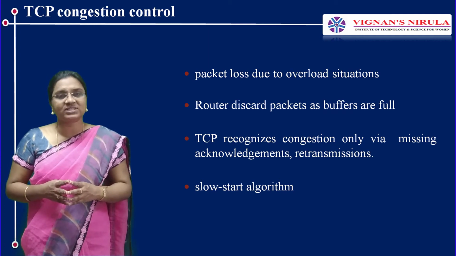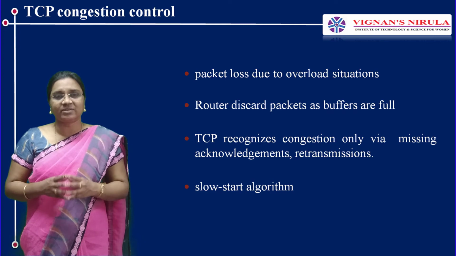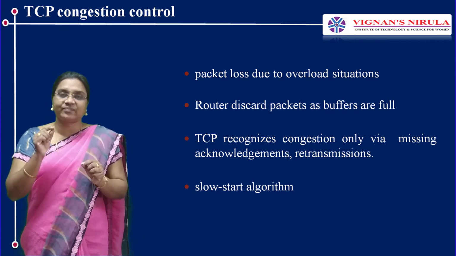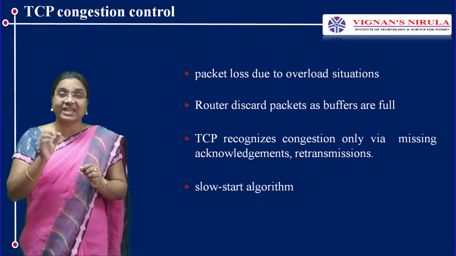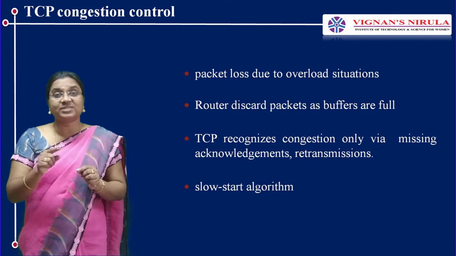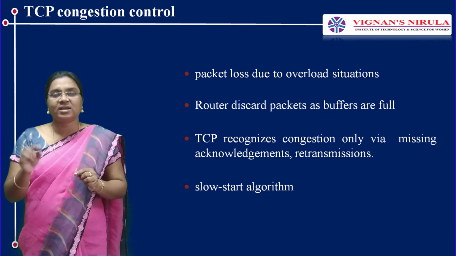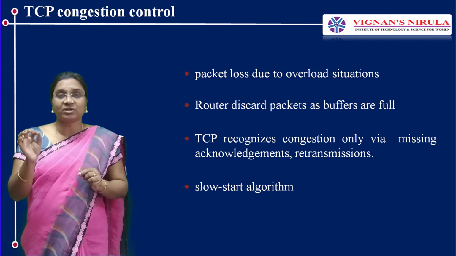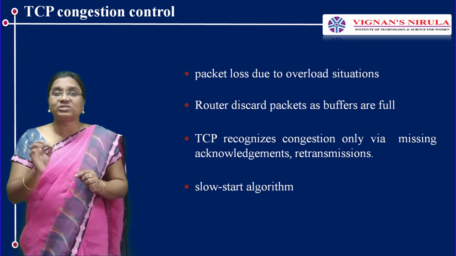We are going to see them in detail with examples. It is quite interesting. Before that, remember that the default TCP, the existing TCP meant for the wired network, solves the congestion problem or packet loss problem only by using the slow start algorithm.